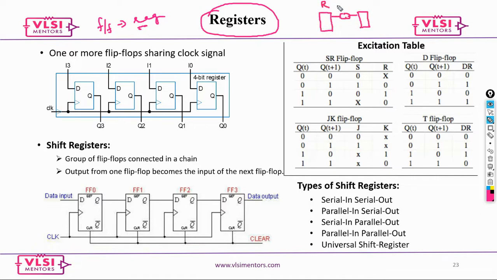So this is a register, say this is a register, so we call this a reg to reg path. Say this is your input, so this is going to be an into reg path, and assume this is your output, so this is going to be a reg to out path.